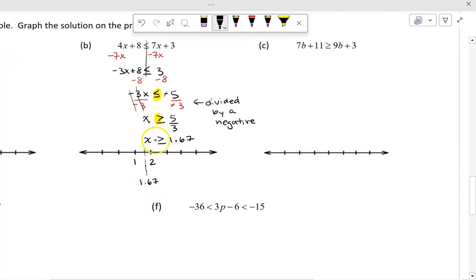Now I'm all set to shade and write my answer in interval notation. So if x is greater than or equal to 1.67, I'm going to shade everything above all the way to infinity. X is allowed to equal 1.67, but x will never equal infinity.